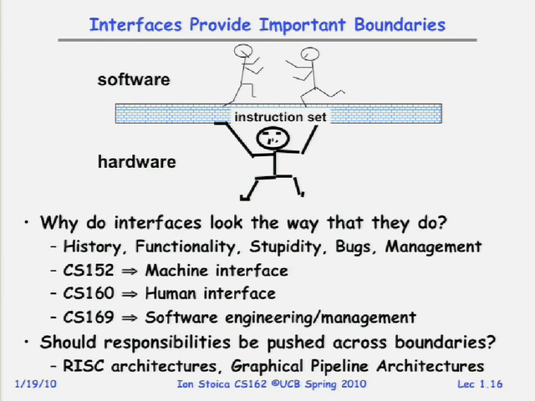I cannot emphasize enough how important these interfaces are. You are probably too young, but the x86 is very complex. It gives you a complex set of instructions. And why is that?